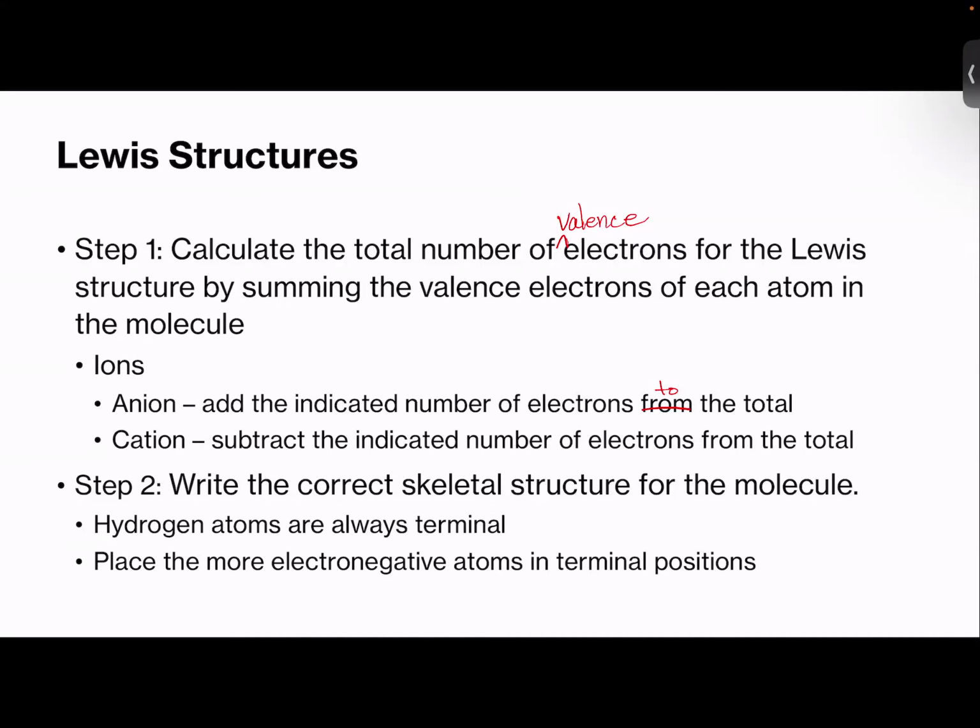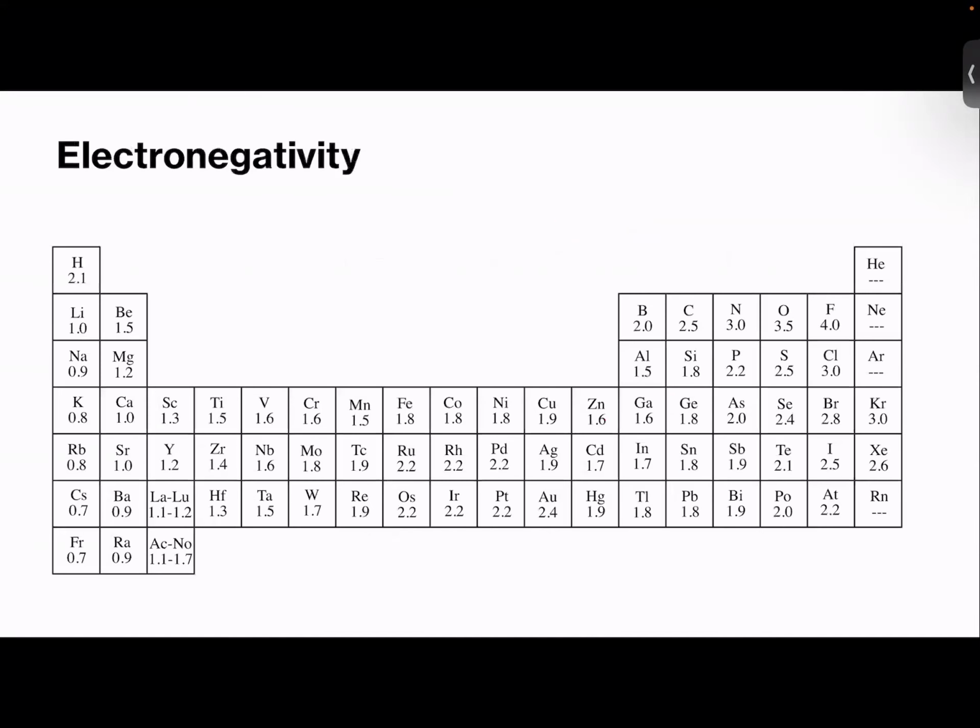When we're writing the skeletal structure for the molecule, what we're going to observe is that besides hydrogen, the more electronegative atoms are going to be in your terminal positions. The electronegativity can be shown in a periodic table, and you'll receive this periodic table of electronegativity on an exam. I'm not asking you to memorize these electronegativities.